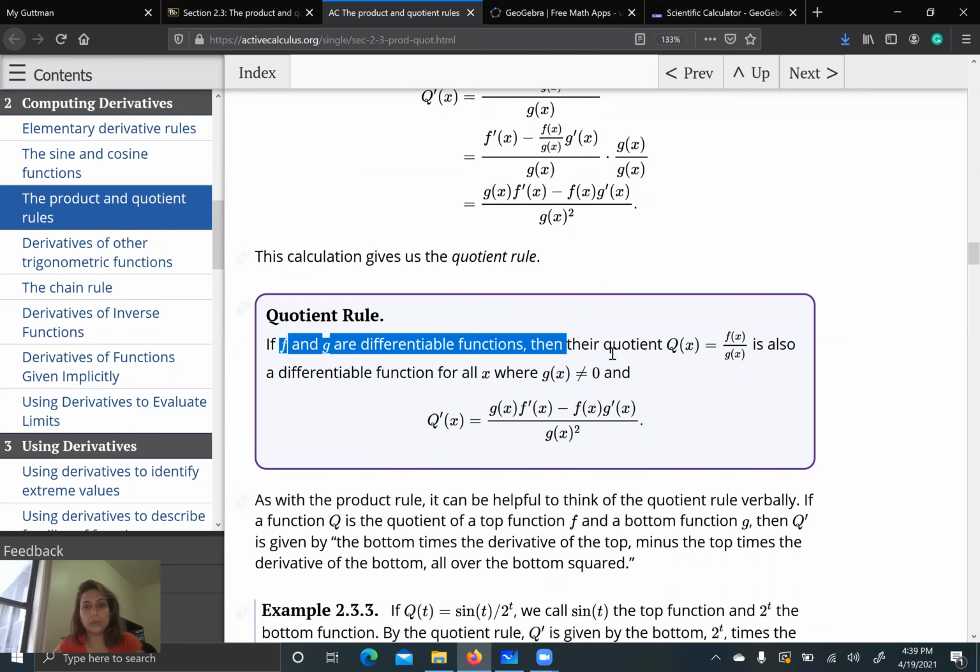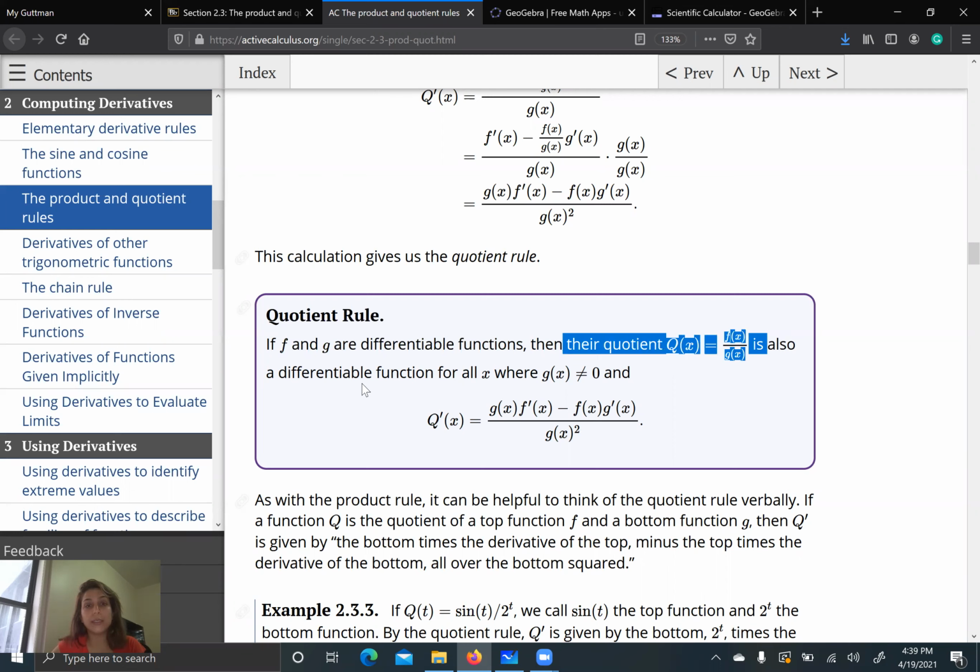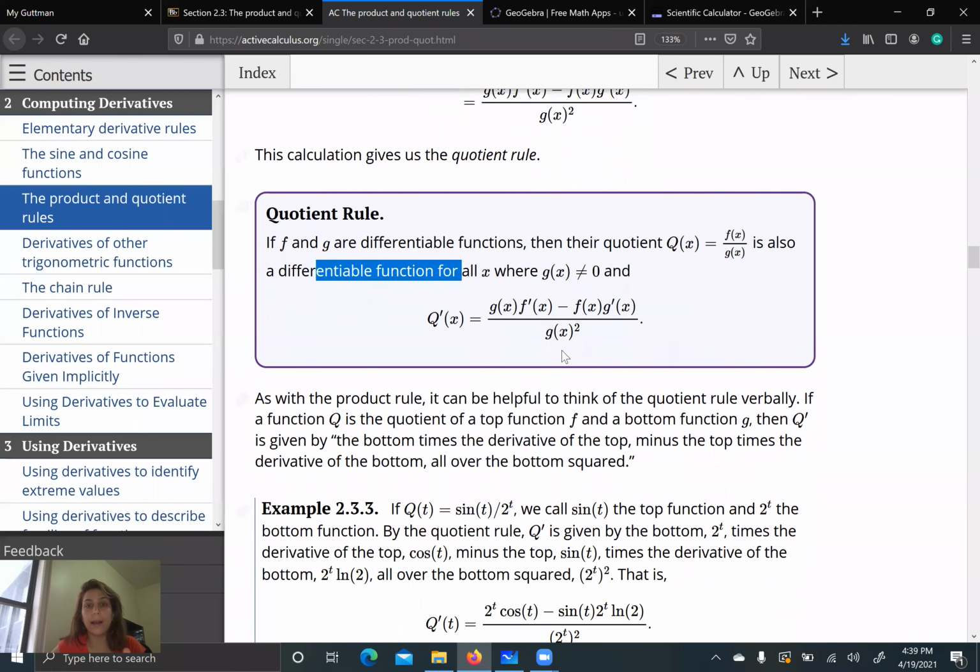If f and g are two differentiable functions and q is their quotient, and if the quotient is also differentiable, then this gives you the formula for the derivative of q. So the derivative of q is gonna be g times f prime minus f times g prime divided by g squared.